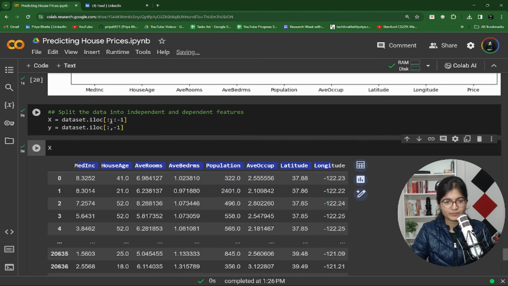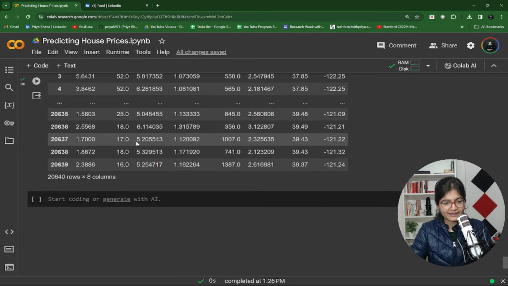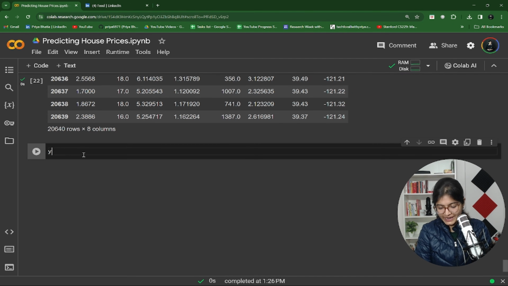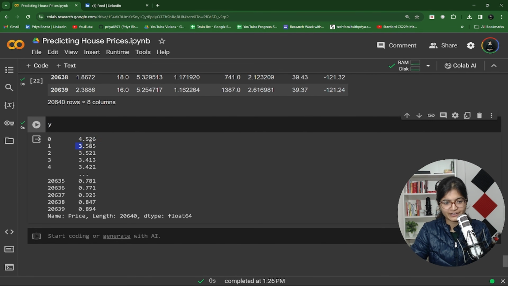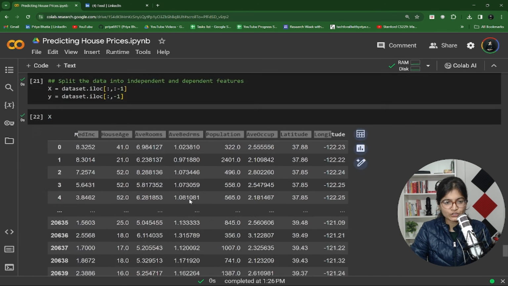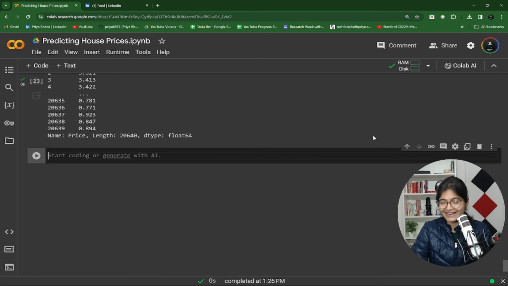Let me show you the value of y as well, which is the dependent feature, the price. Here you can see the price values available from index 0 to index 20,639.